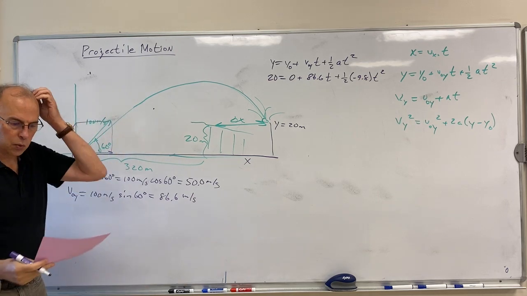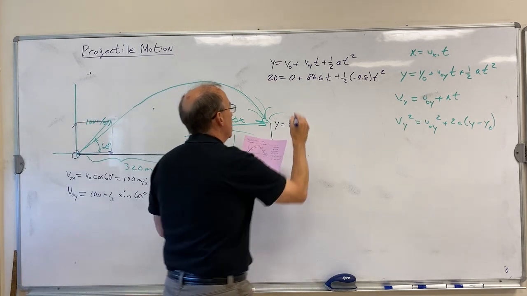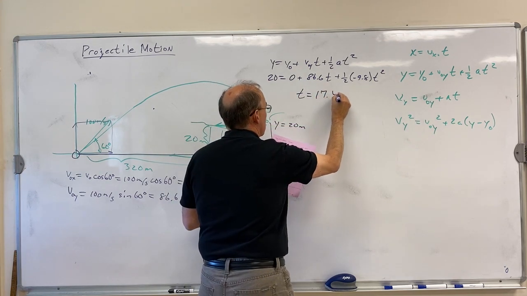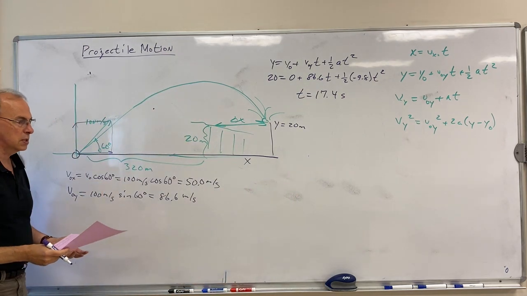And now I've got a quadratic equation. I've already solved that. You know how to solve it. If you work all that out, you get t is 17.4 seconds. So that's when the object hits.